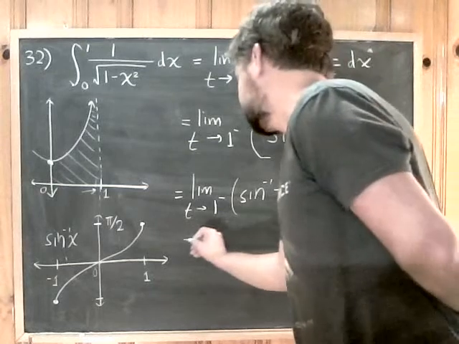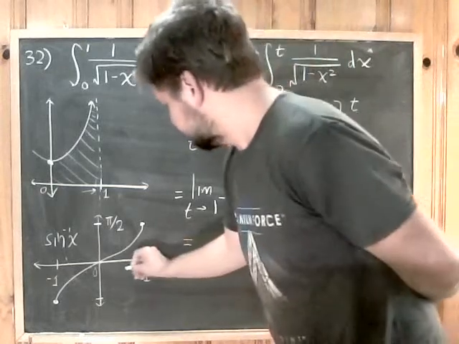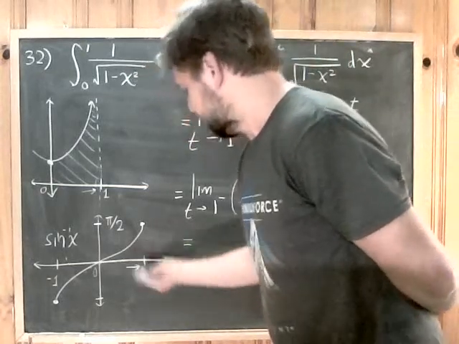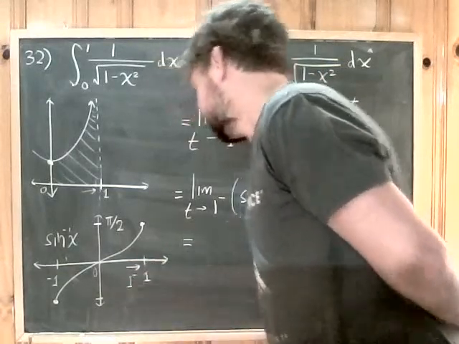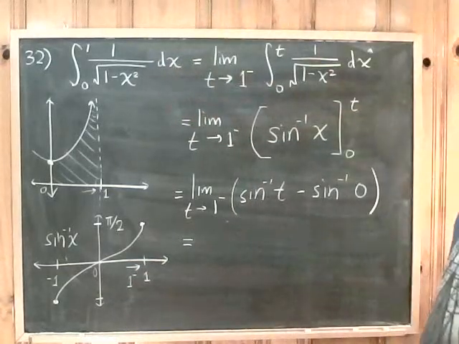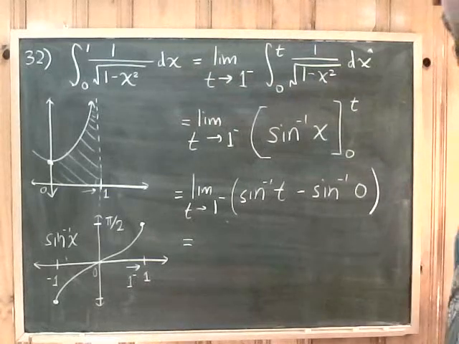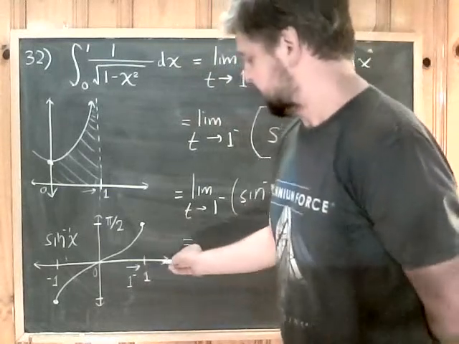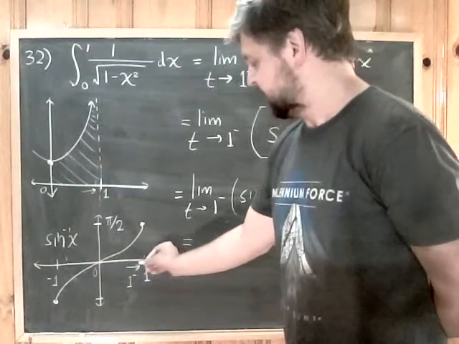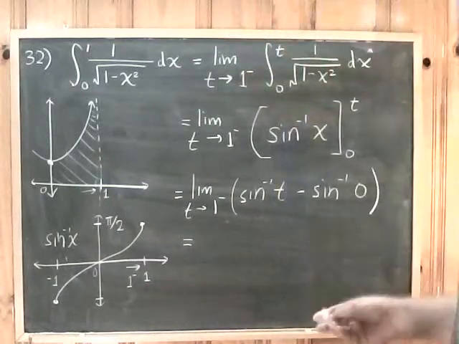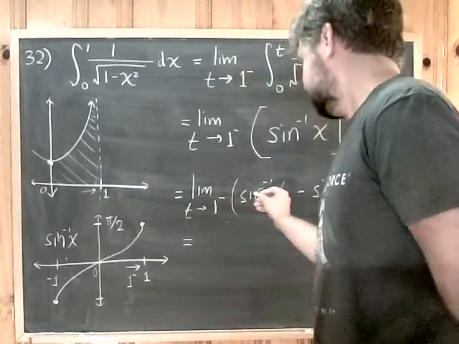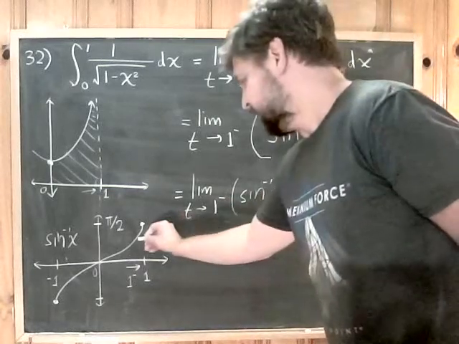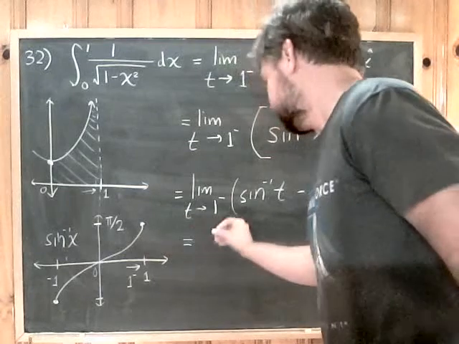So I'm coming to 1 from the left. This is the 1 minus side of the limit. So that means I'm allowed to take that limit. The limit wouldn't exist from the left and the right, because sine inverse is only defined to the left of 1. And so I get the limit as t goes to 1 from the left of sine inverse of x. It goes to pi over 2.